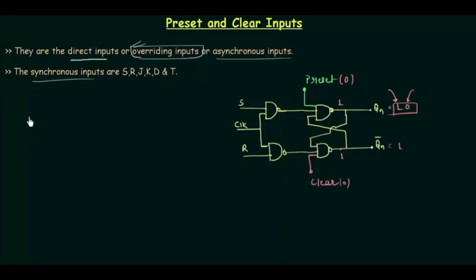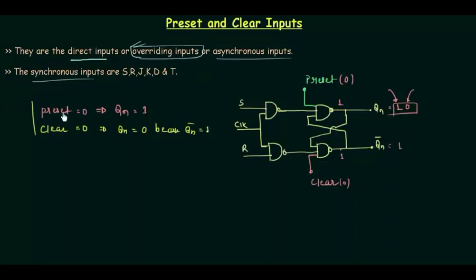So let me write this down. Preset equals 0 implies that Qn is equal to 1. I just explained it here. And when clear is equal to 0, Qn becomes 0 because Qn complement is 1 in that case.